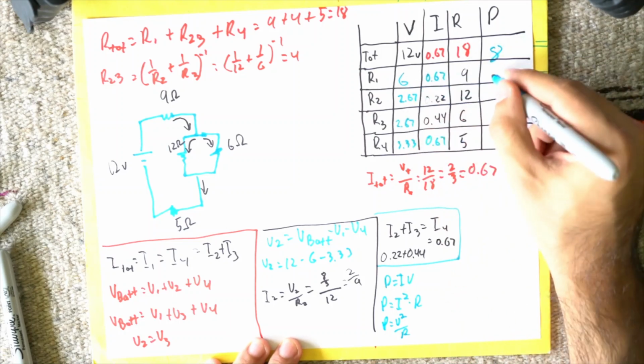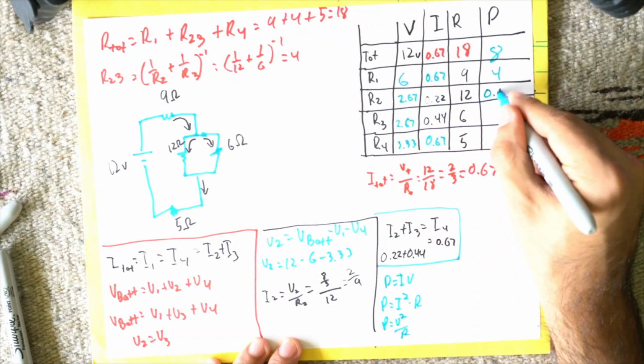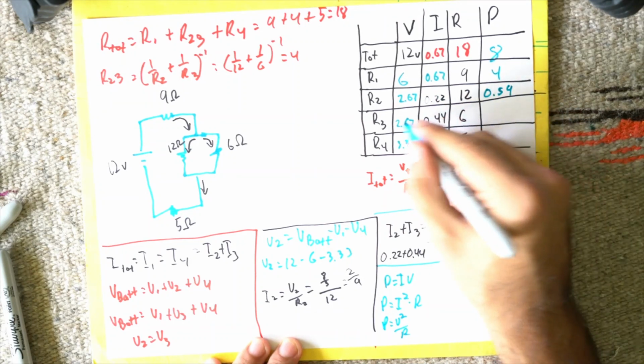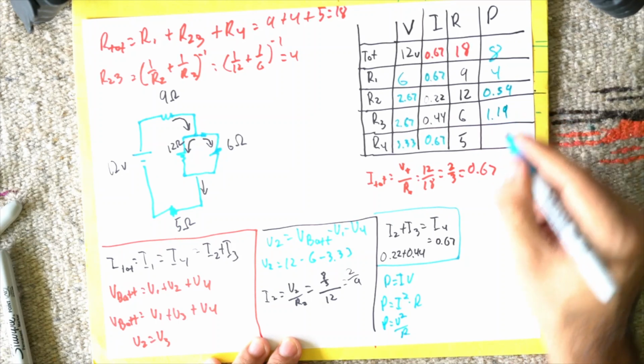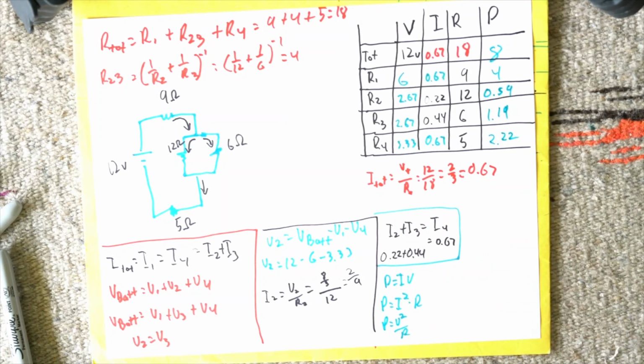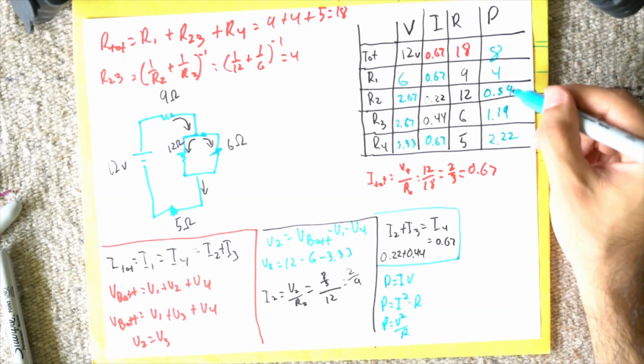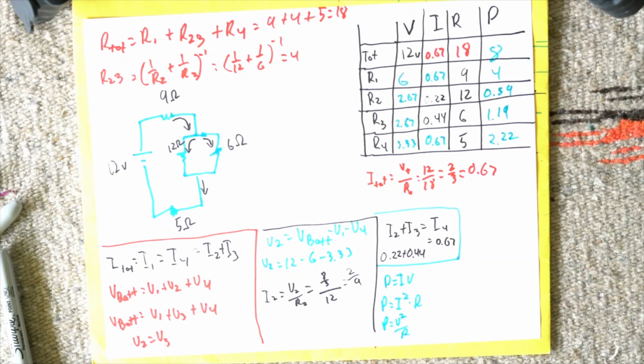This times this would equal 4. This times this would actually equal 0.59. This times this would equal 1.19, and this times this would equal 2.22. I rounded it actually here, but if you add this and this and this and this up, it would equal 8. So hopefully that clarifies these kinds of problems for you.